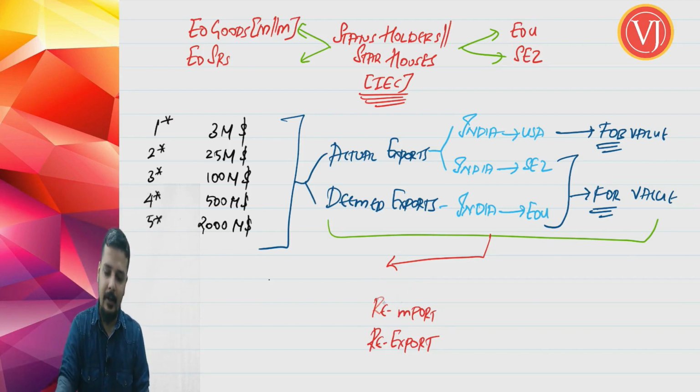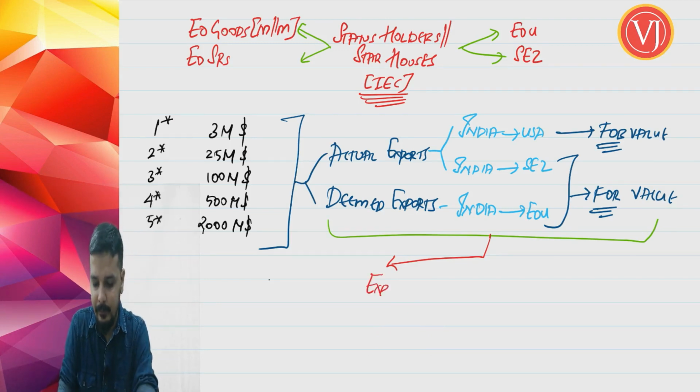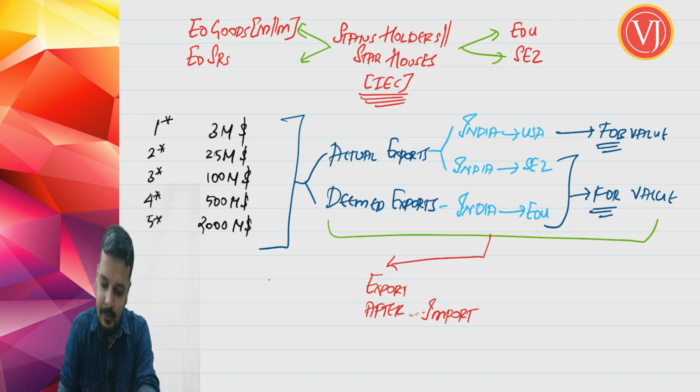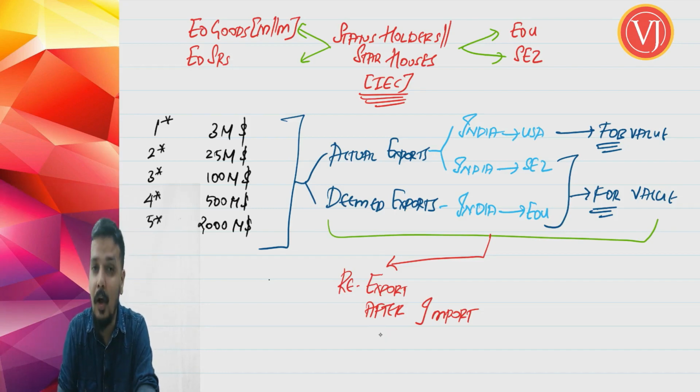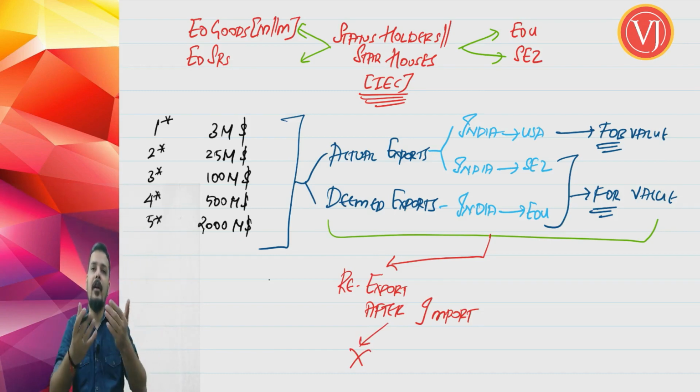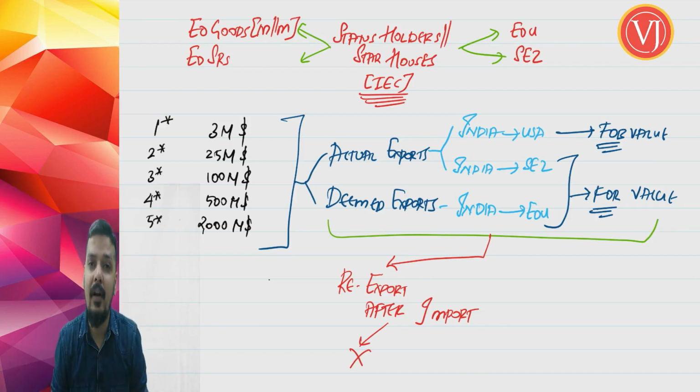I need not tell this entire thing, I will just put it in a very simple way. We have discussed this some time back. You are importing and then again re-exporting. So re-export after import will not be counted. Though it is an export figure, you are re-exporting after you have imported something, and again you have exported. That will not be counted while calculating your export performance.